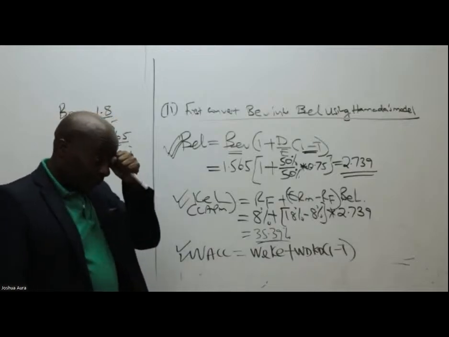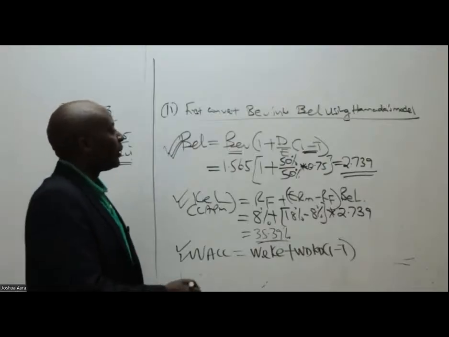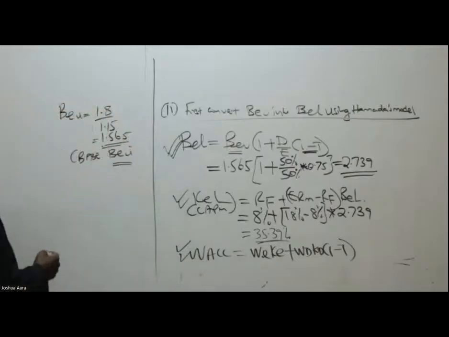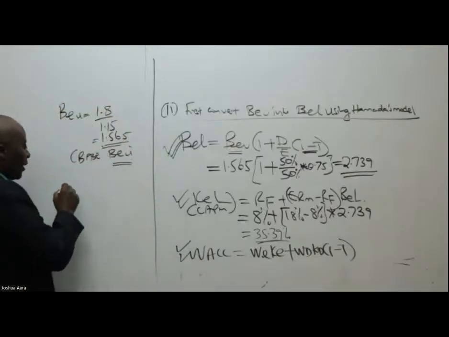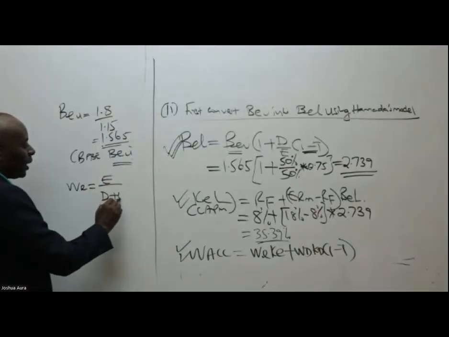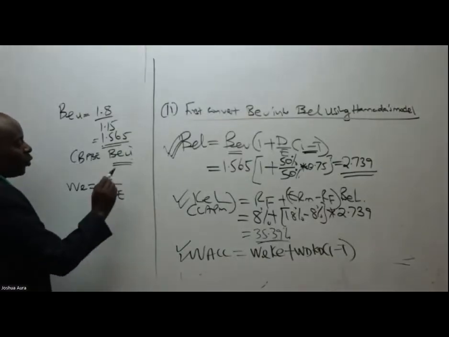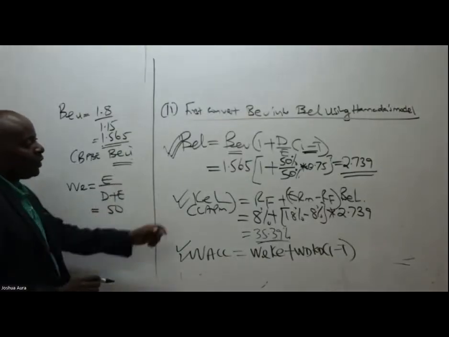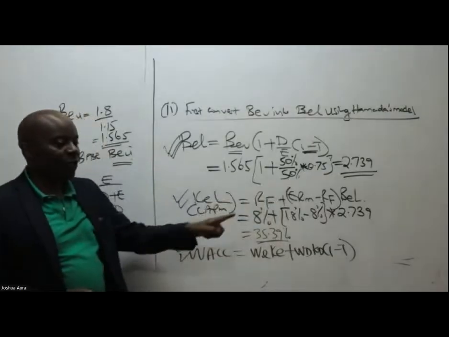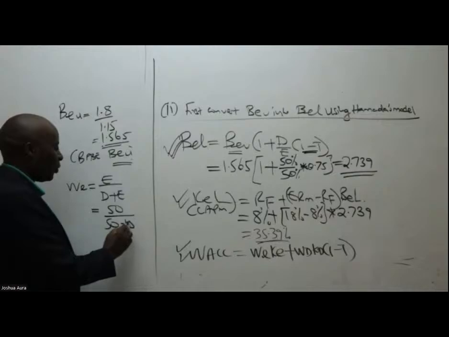Let's see. Or weight of debt. So remember that the weight of equity really is 0.5. The weight of equity here will be the equity component over debt plus equity. The equity component, you guys gave me 50, and debt is 50.